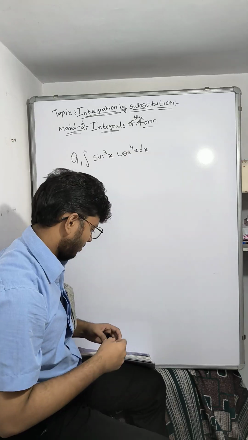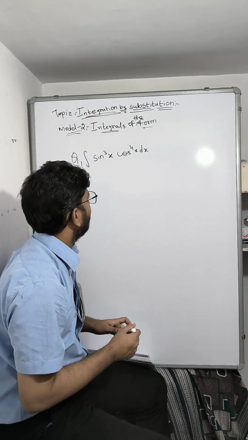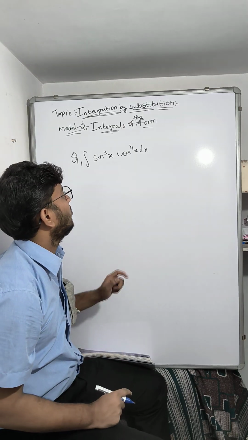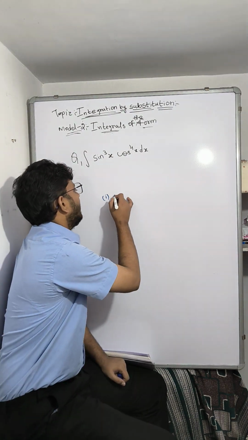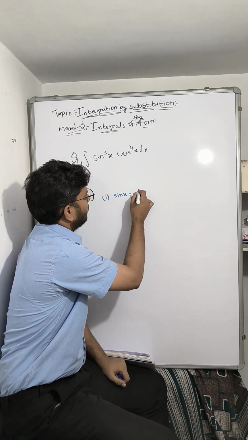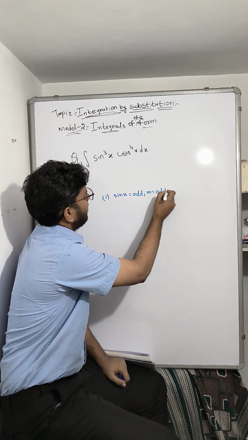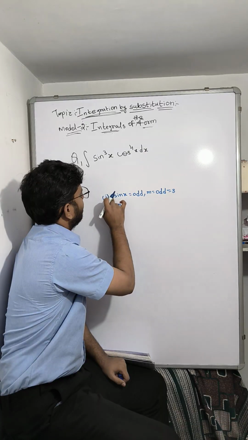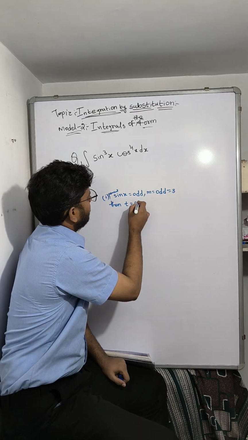Here we have to know which power is big. We have to know the powers of sin x and cos x. First condition: if the power of sin x is odd, then m is odd. What is m here? 3. Then t is equal to cos x.